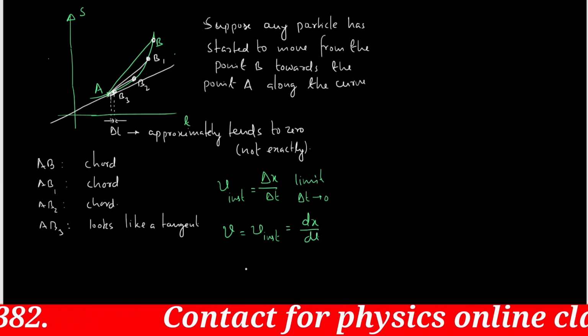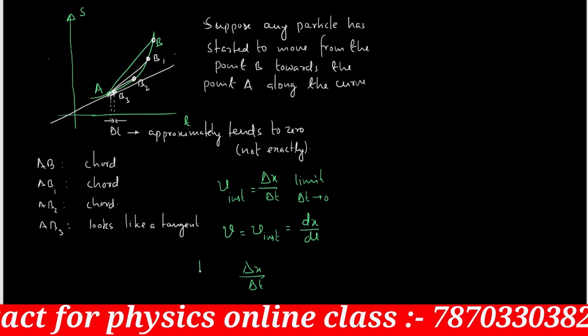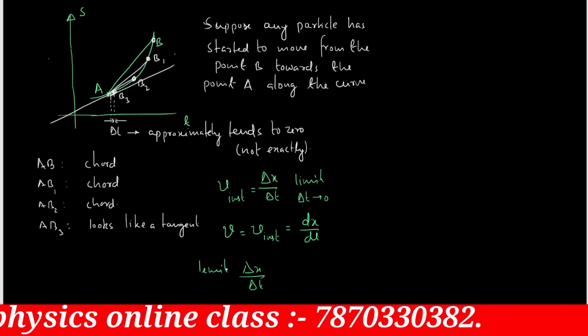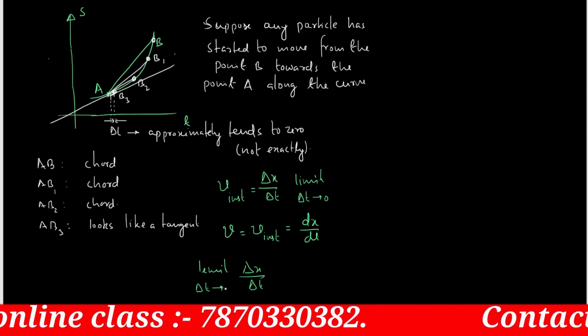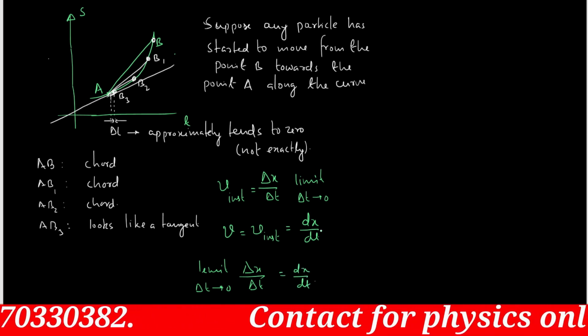The quantity delta x upon delta t satisfying the limit delta t tends to zero is known as dx by dt.